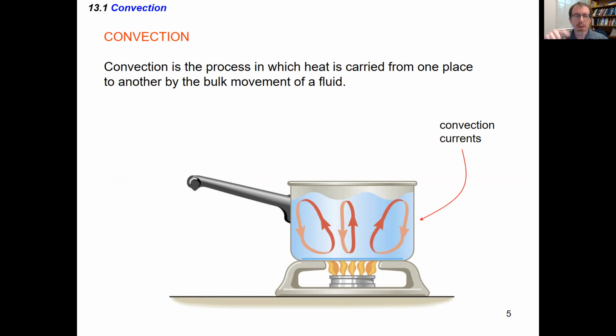And instead of this being just a straight up-down kind of motion, which would be kind of hard to pull off, honestly, stuff going up and down in the same location, this ends up being kind of like a circular motion almost, which is what we can see in this pot of water there. The water directly above the burner gets hot, rises, shoves some of the cooler water over to the side, that then sinks, and so on and so forth. So we get kind of a fluid motion, kind of like a cyclical motion almost.